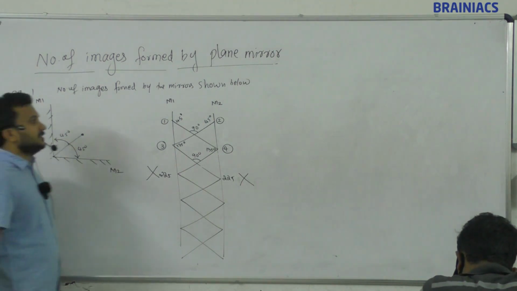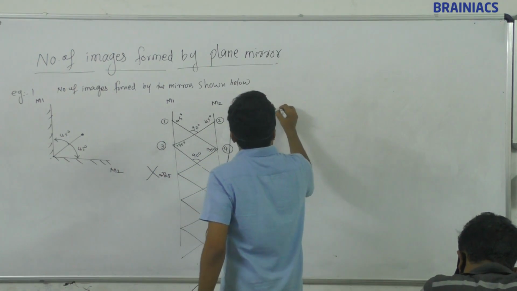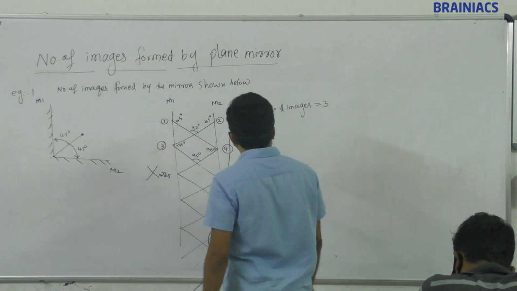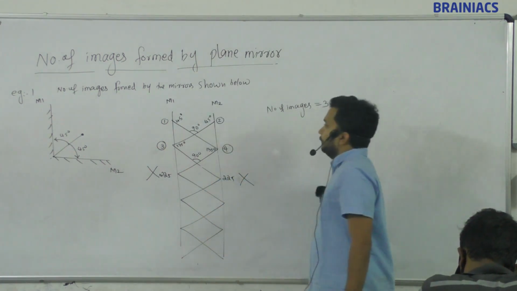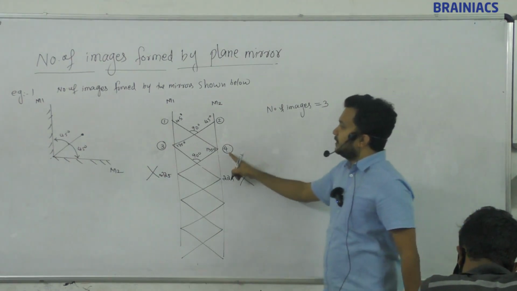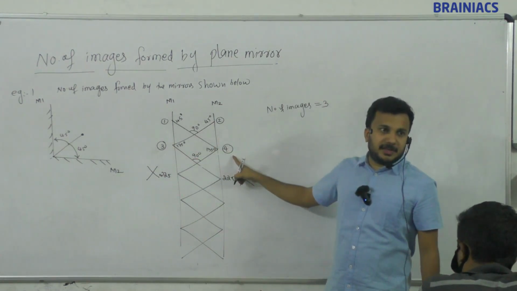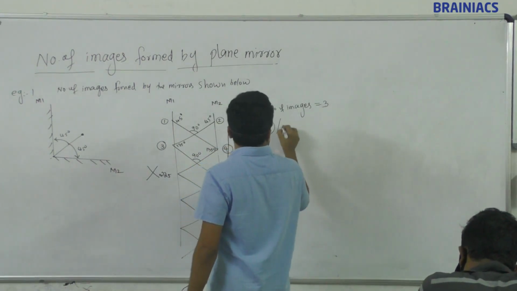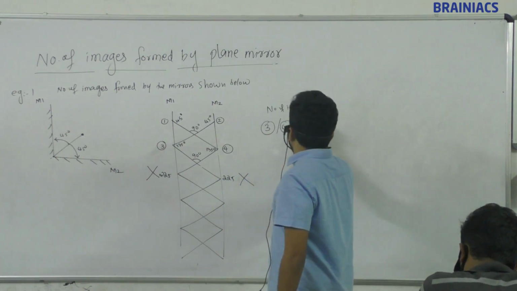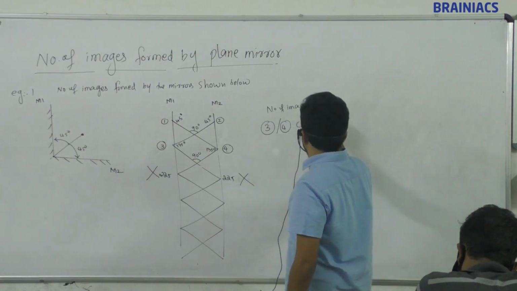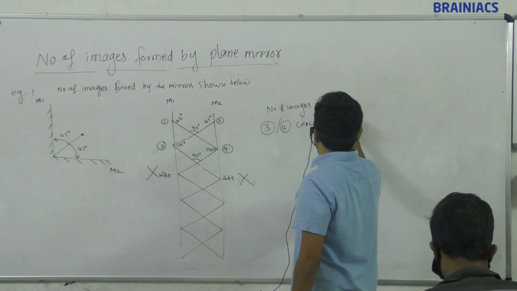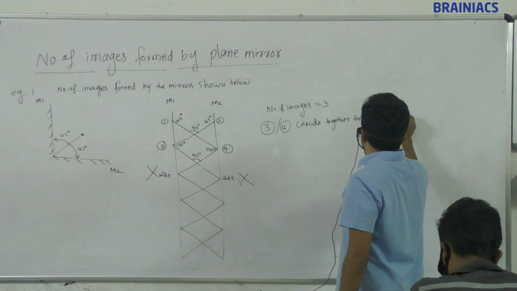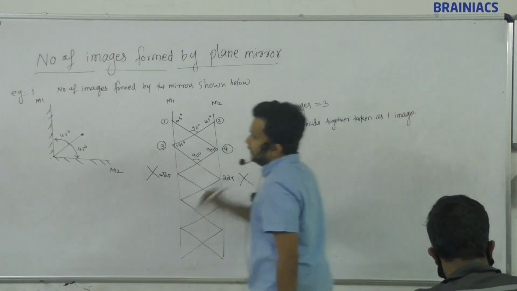So the number of images is equal to 3, because 3 and 4 are at the same degree. 3 and 4 coincide, that 135, 135. So 3 and 4 coincide, and together are taken as one image.